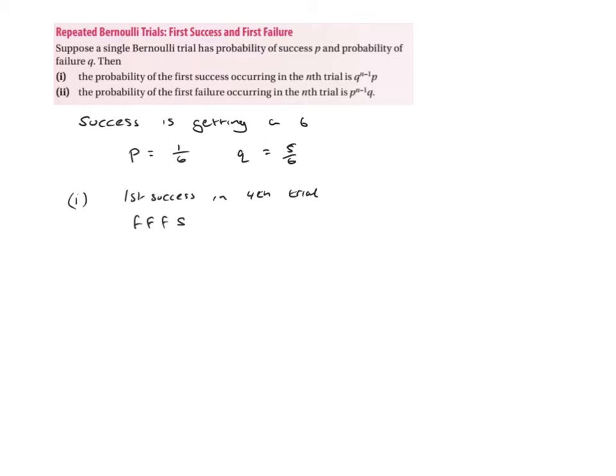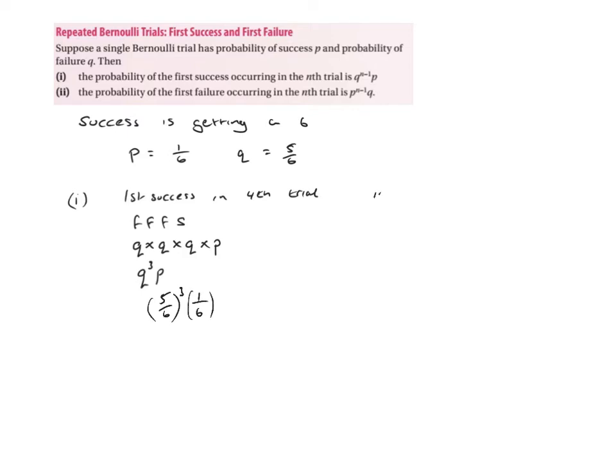So F, F, F, S. Remember that a failure is Q, so we've got Q and another Q, and another Q, and then we have a success, which is P. So hopefully you can see that this is Q cubed followed by P, which is Q to the n minus 1 because my number of trials was 4, multiplied by P. Because my Q is 5/6, this would be 5/6 cubed multiplied by P, which is 1/6, and then we just do the maths and find out what that is.